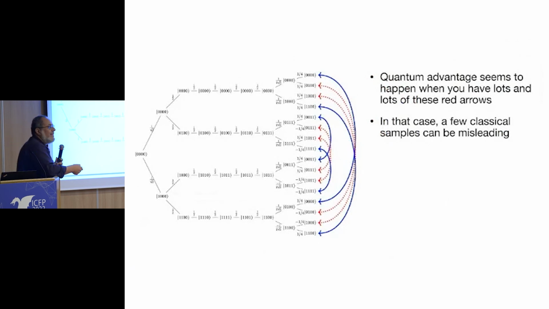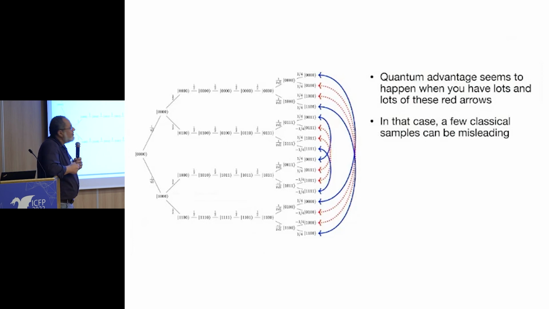So maybe the first insight is that instead of talking about entanglement or the Fourier transform or this or that, it seems that when you have lots and lots of these red arrows, this is something that will give you a quantum advantage. Because a classical way of sampling would be completely lost.